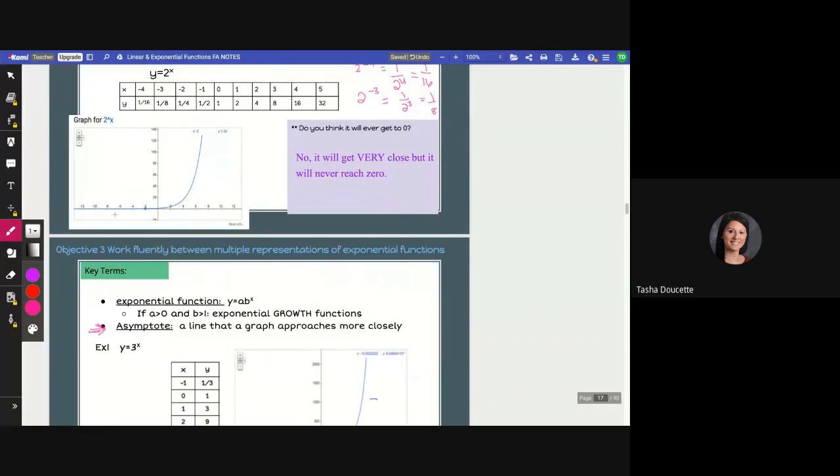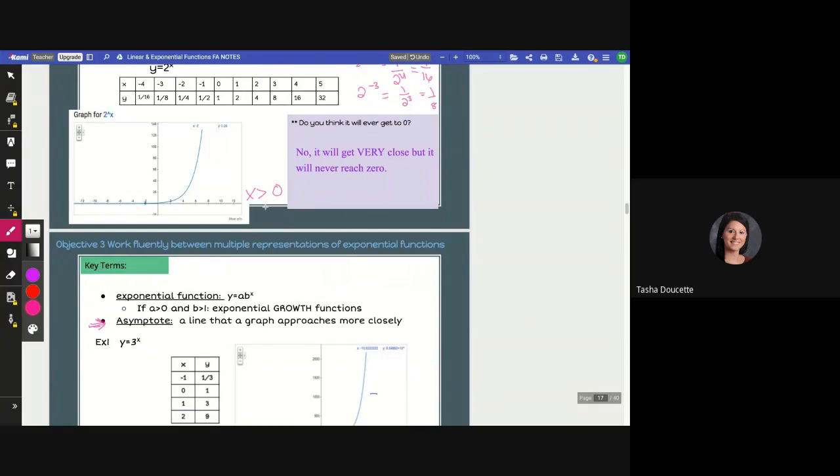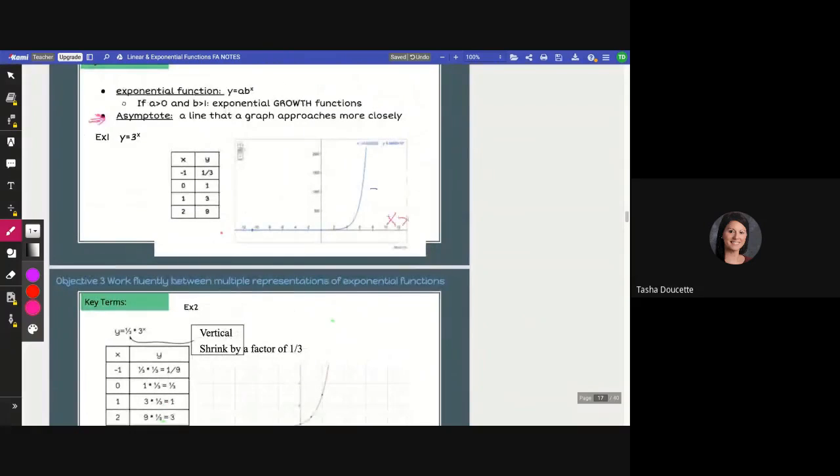Because this line looks like it's approaching 0, it's never going to touch 0 because the asymptote is actually x is greater than 0. So it's never going to touch that. Here's the same thing. X is greater than 0. And that's what the asymptote is. It's approaching 0, but it's never going to reach it.